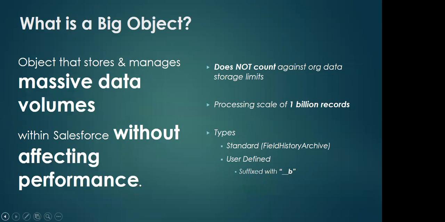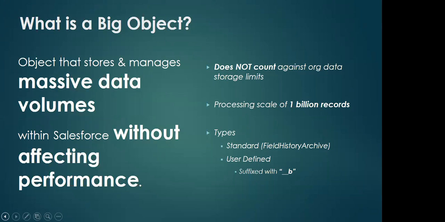A big object is very similar to any of your custom objects within Salesforce, but of course they are of a very special nature. A big object is nothing but an object that is capable of storing massive data volumes without really affecting performance. The reason I wanted to highlight these two aspects is because they go hand in hand.